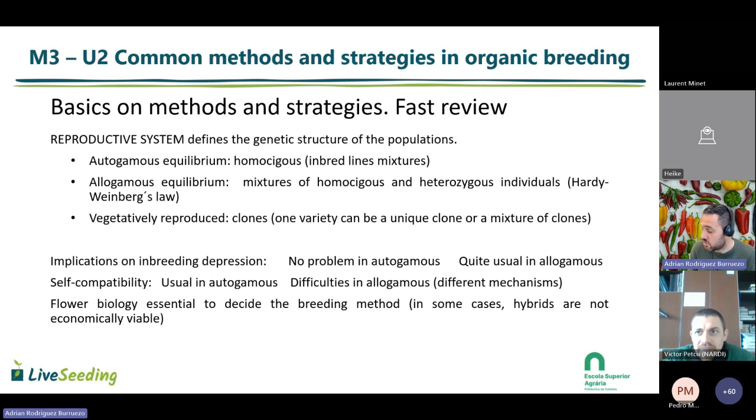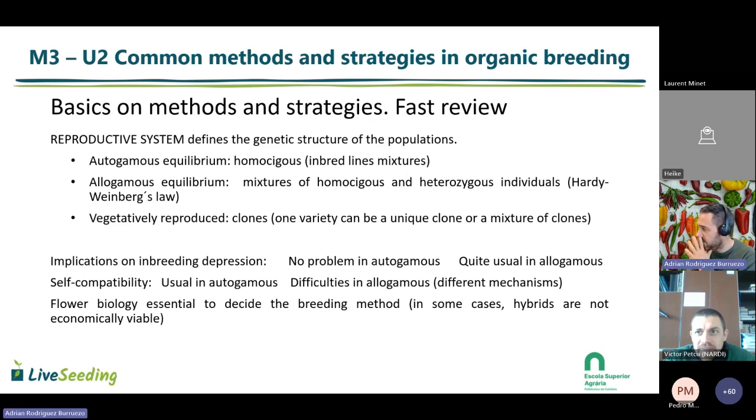Okay, in humans or in animals it is quite common. In plants, they are more resilient for that, but problems of deleterious or weakening syndromes may appear.